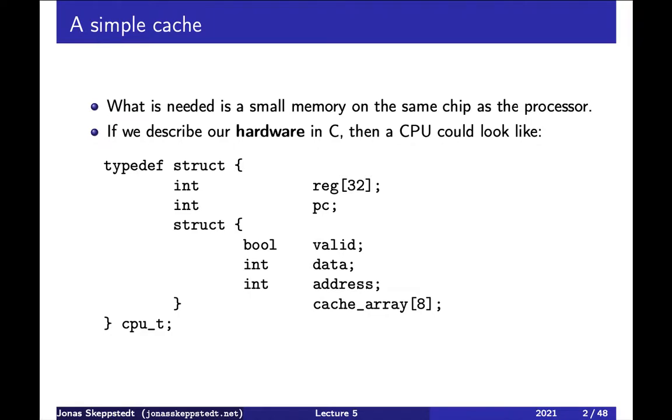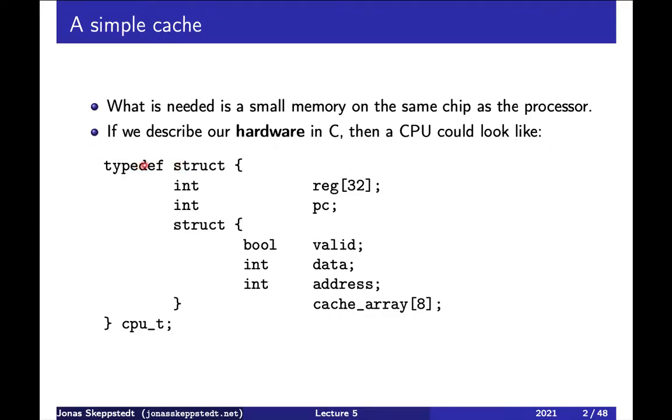So what I will do now is explain the idea of a cache, and I will use hardware described as a C program. If we have a simple CPU, it could look like this: not a class, since there are no classes in C, but a struct.